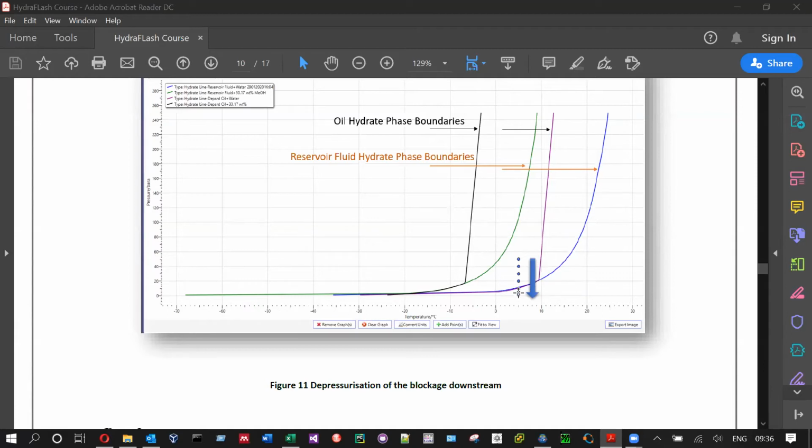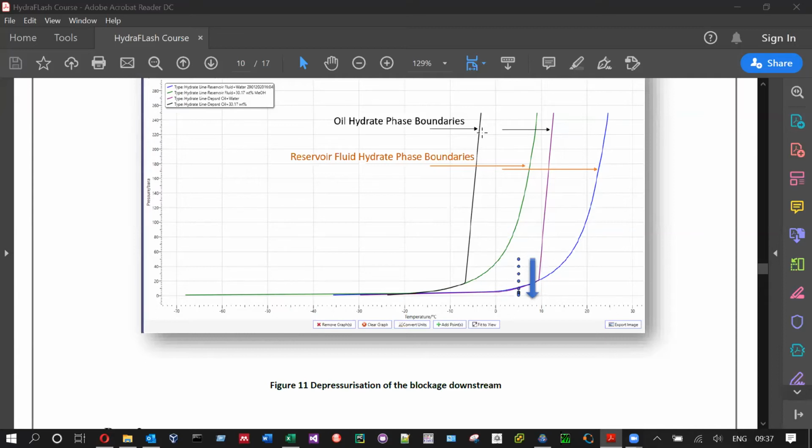Now this oil, which has a lot of heavy components, has its hydrate phase boundary without methanol plotted here. You see that in the two-phase region it is the same. When it goes above the bubble point, it is a near vertical line.